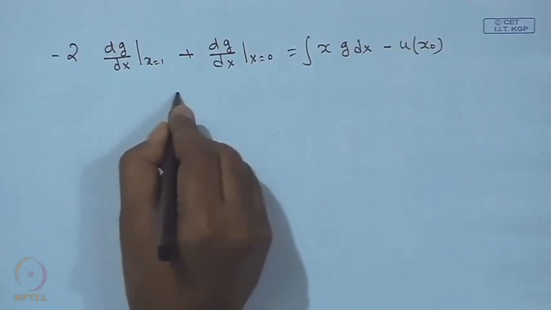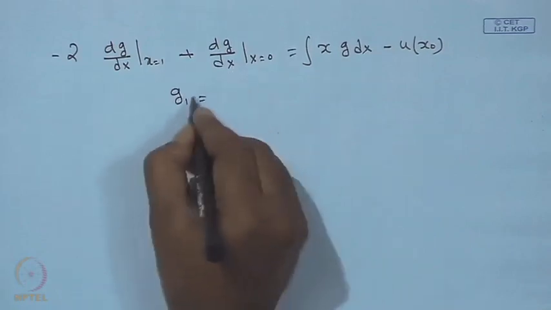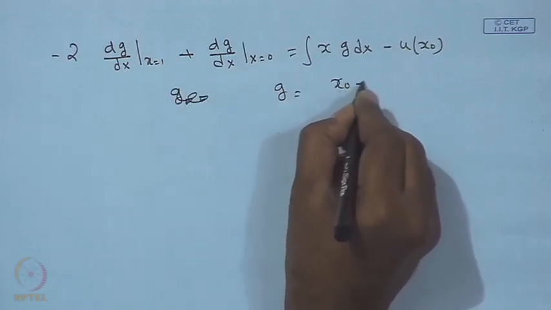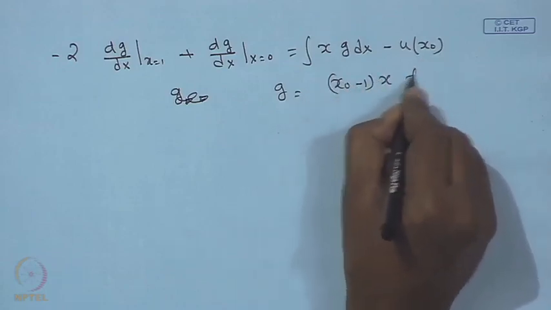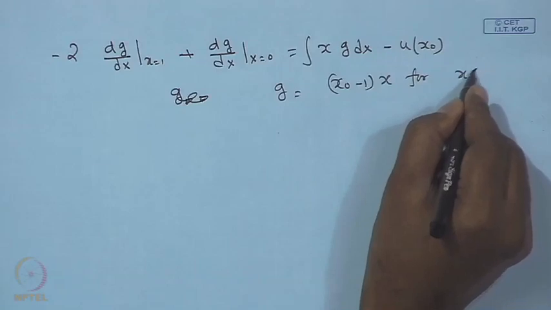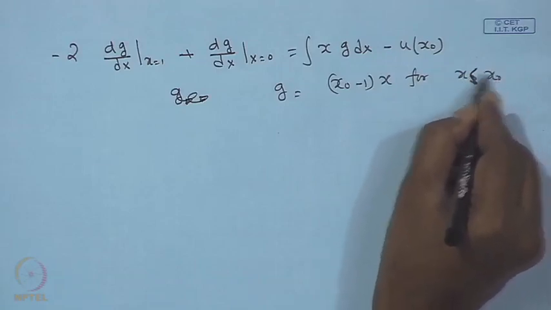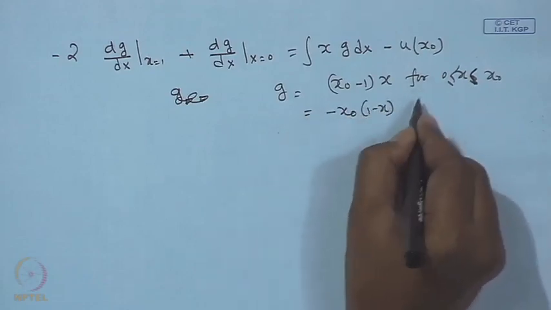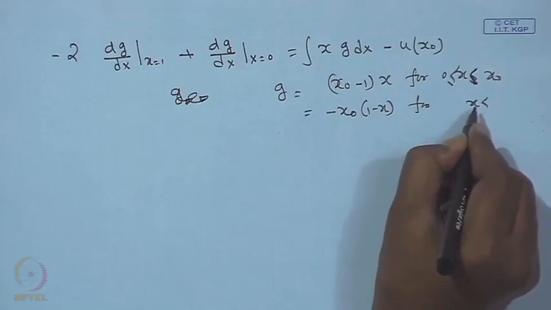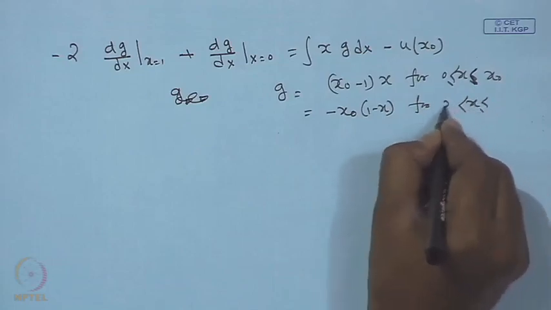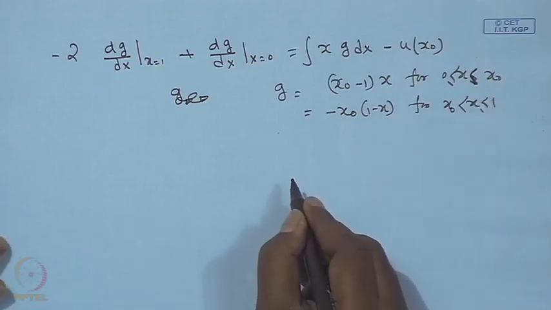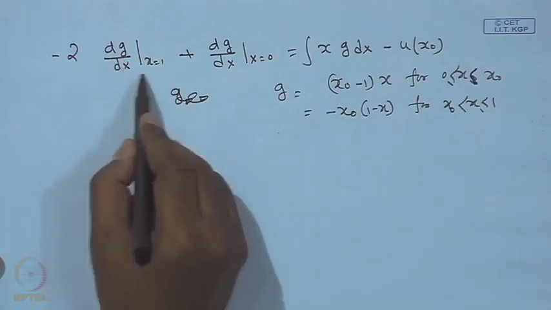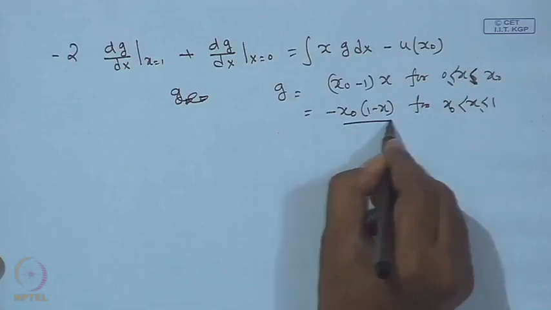Now, if you remember, the expression of g is equal to x naught minus 1 times x for x lying in between x naught and 0, is equal to minus x naught into 1 minus x for x lying in between x naught and 1. Okay. So, what is dg dx evaluated at x equal to 1, that means we are talking about the upper half plane.